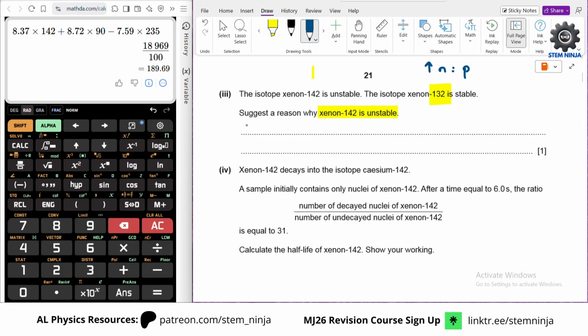So one possible reason is that the number of neutrons in xenon-142 is greater than the number of protons.